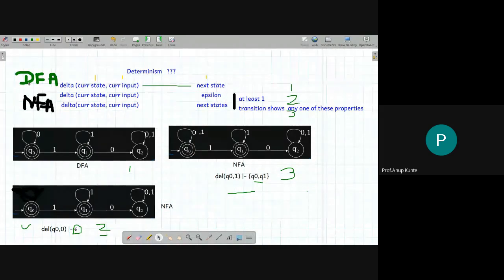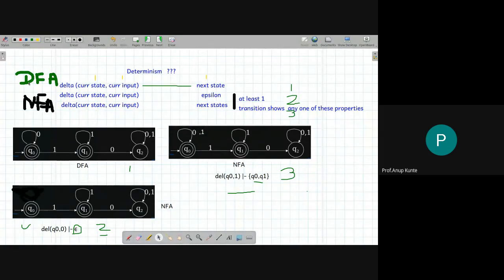Now, DFA is a constrained device because we require that for an FA to become a DFA, the transition function is a one-to-one correspondence between current state, current input and next state, and it is an onto kind of mapping.